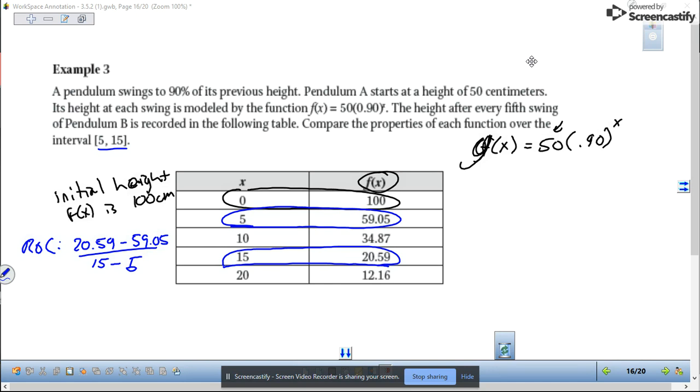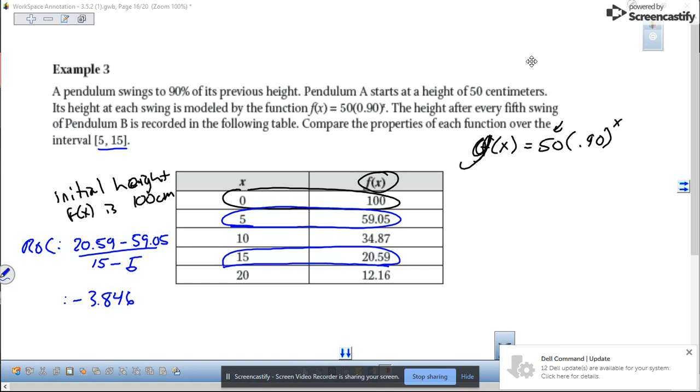Okay? And when you plug that into the calculator, what you are going to get is negative 38.46 over 10, or negative 3.846. Okay?